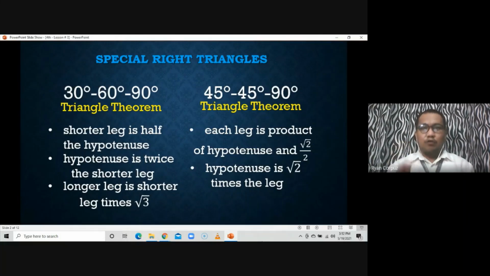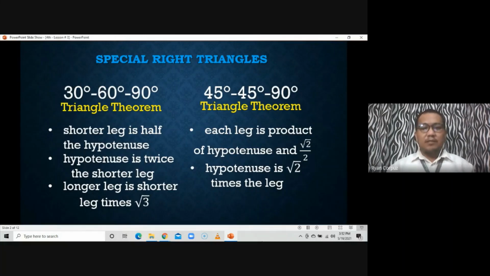Dapat nandoon yung 30 degrees or nandoon yung 60 degrees. Kahit isa man sa kanila, enough na yon para masabi natin that the given right triangle is a 30, 60, 90 special right triangle. So, ganun din in a 45, 45, 90 degrees special right triangle. Pag given yung 45 degrees na yon, alam natin that the given right triangle is a 45, 45, 90 degrees special right triangle.